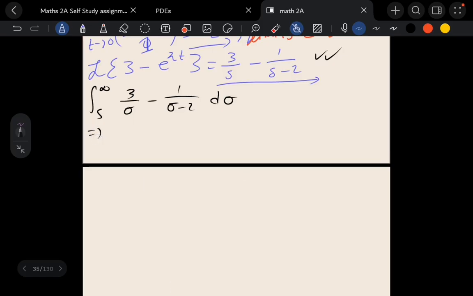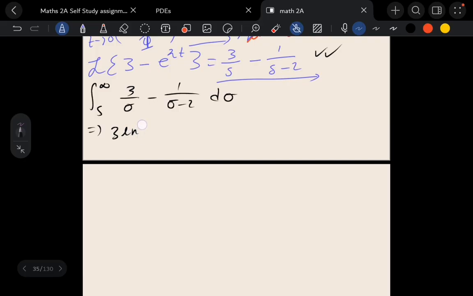So what is an integral of 3 over sigma d sigma? It's going to be 3 ln sigma minus, what is an integral of 1 over sigma minus 2? It's going to be ln sigma minus 2.